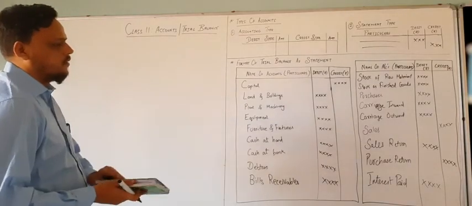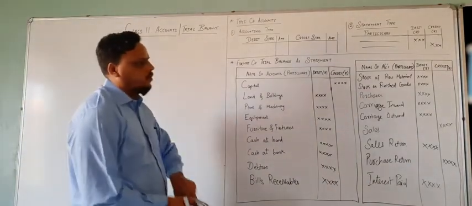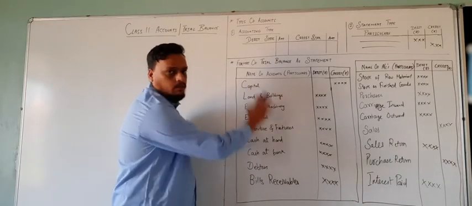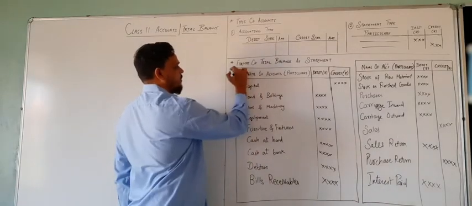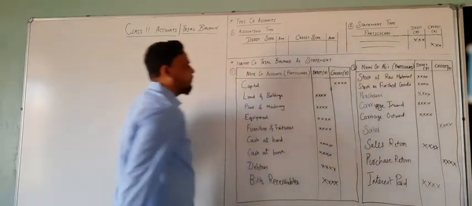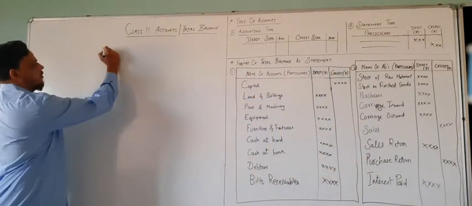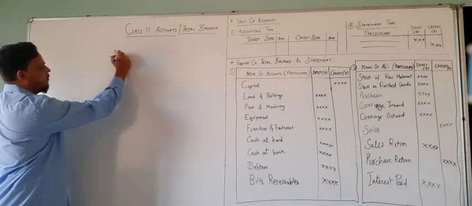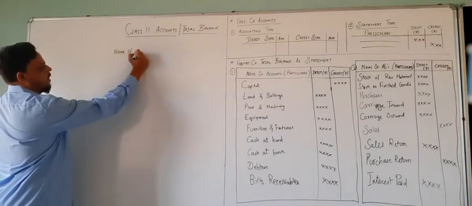Okay. Hope you have understood till here. Please write it. This is the first, this is the second one, and I am preparing the third here. Third one again, name of account.